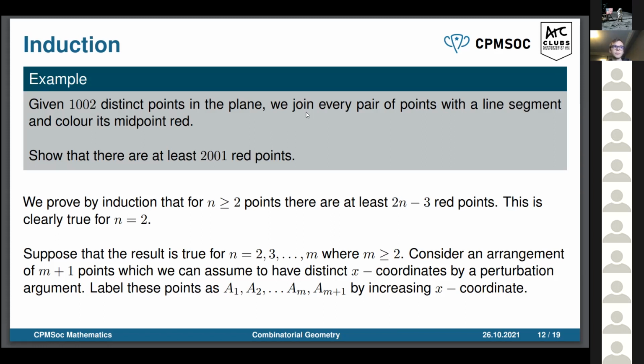And certainly in the n equals 2 case, we're going to have 2n minus 3 being 1. And of course, we're going to have one midpoint because there's only one possible line segment. The tricky thing is when you get multiple line segments, it's possible that 2 of them could share a midpoint, 3 of them could share a midpoint, and that would reduce the number of midpoints you have, which would not be so good.